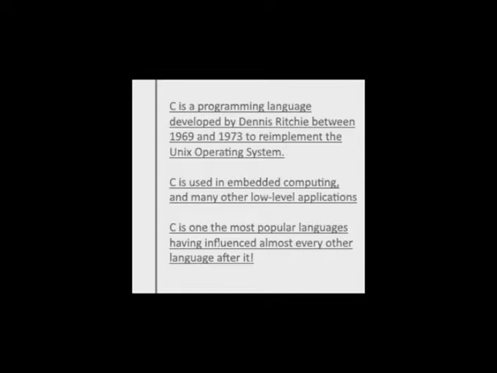Now, to write a computer program, that is an instruction to the computer, we'll need three things: a text editor, a translator, and a computer. Right now we have our computer since we are watching this tutorial. So what is left is the text editor and the translator.